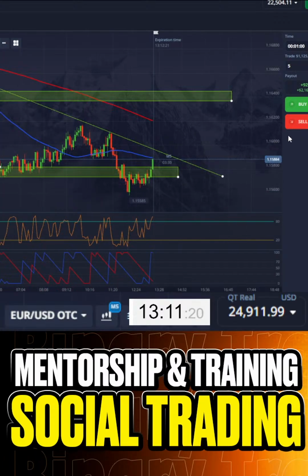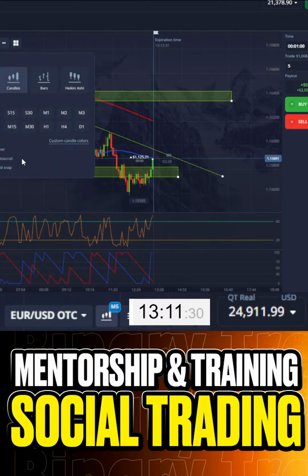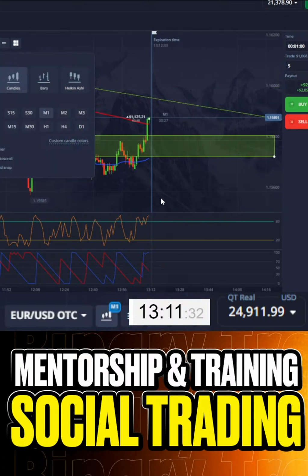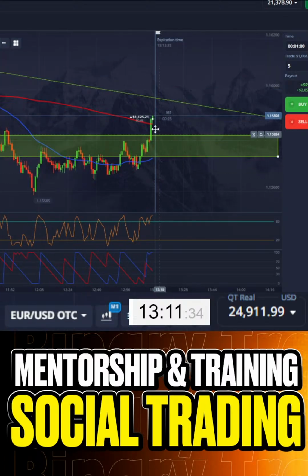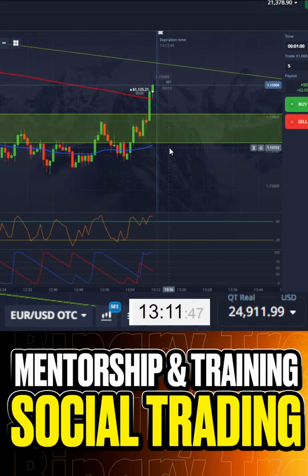We see that the price pulls up and goes up. It means that this level was broken and the price is going up, right? Let's take a look at M1 and we can see that here we have a strong level and it was broken, and right now the price goes to this trend line. Okay, we will see what is going on with this trade.